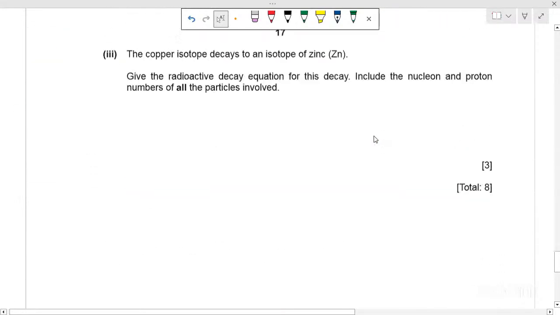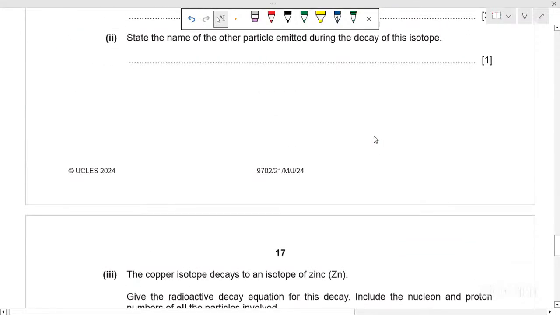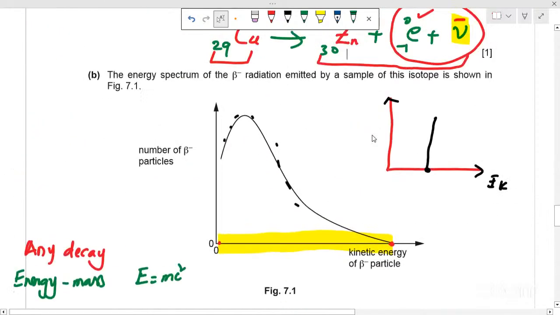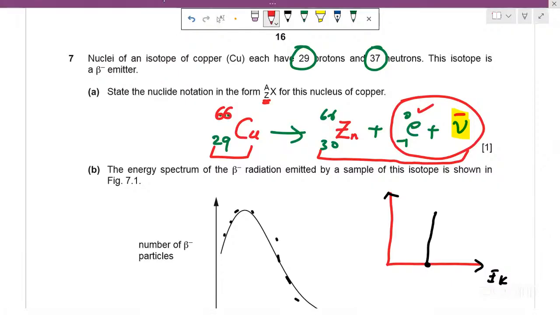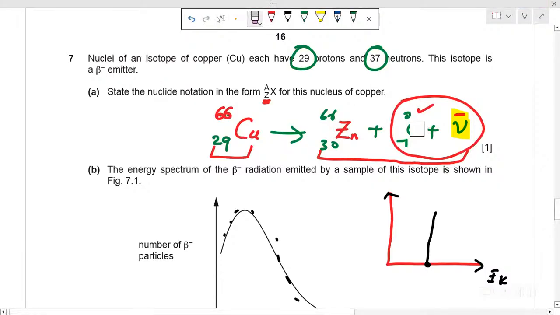So this is the equation, and you have to mention these particles. This is a 3-mark question. One mark for the values of the proton number and nucleon number, and the second for beta negative, which is -1. Over here, you will write its proper symbol, beta, with -1 and 0.